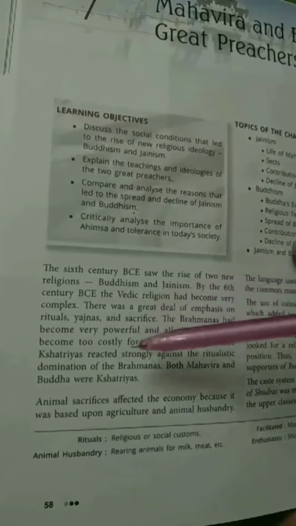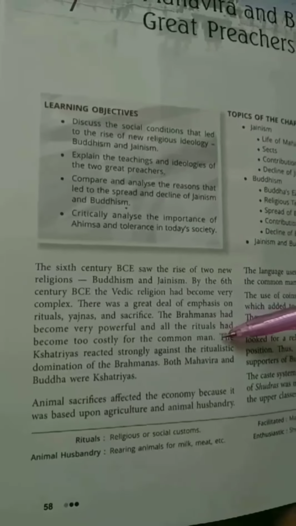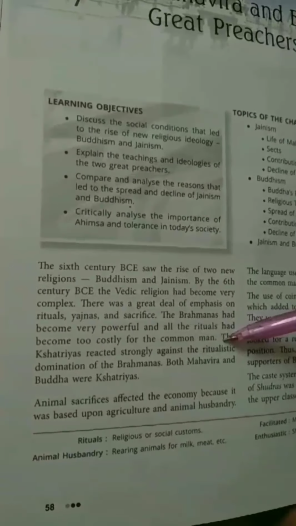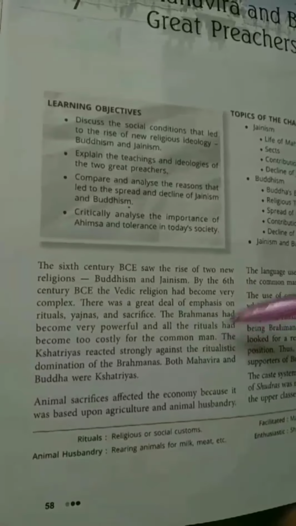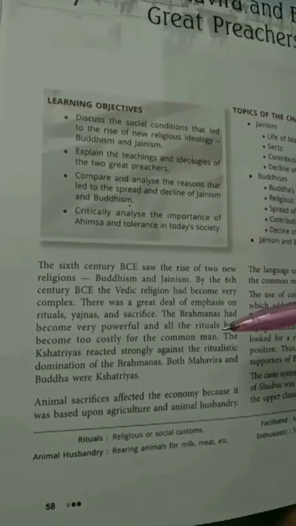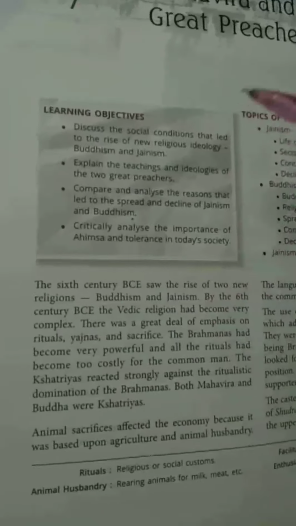Now the Kshatriyas reacted very strongly and became against the Vedic religion. Why? Because a lot of sacrifices used to be given, and the Brahmins became very powerful. So that was the reason the Kshatriyas became against the Brahmins.